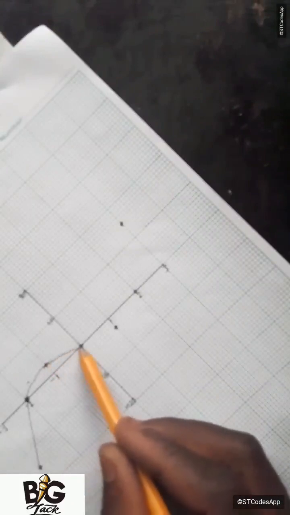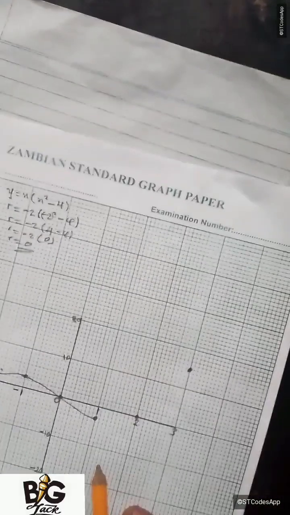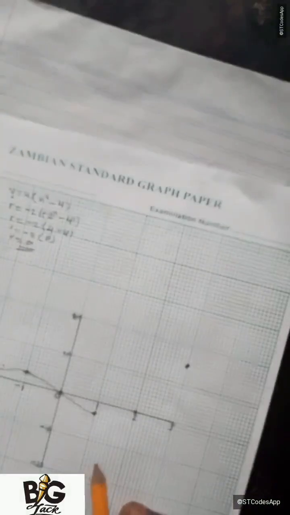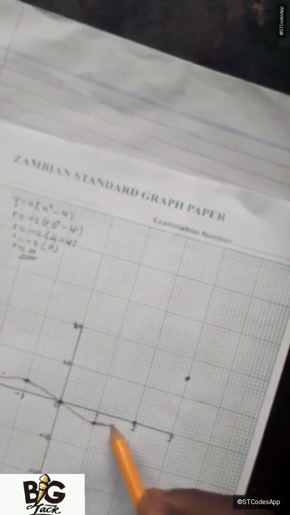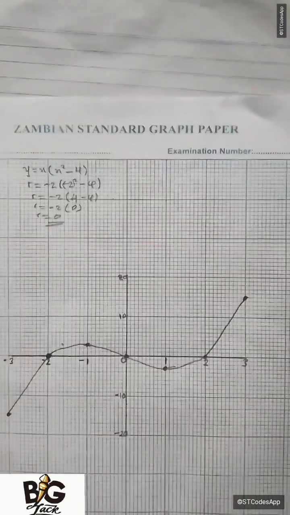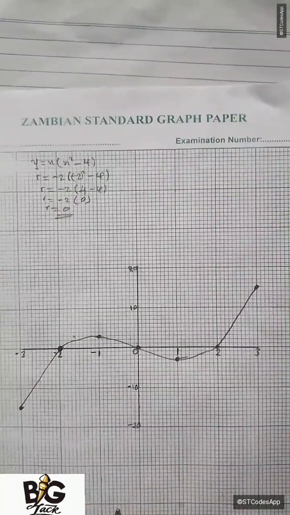By joining, you need to pass through the points that you were making on the graph. So let me just draw it. It is going to look like this. Okay, so we are done. Just use your free hands to come up with a curve.